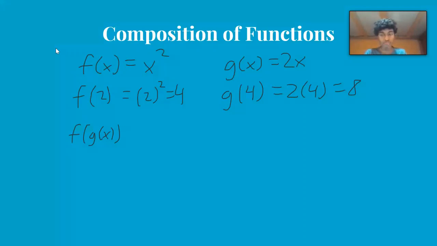So now that we're inputting g of x, we're going to replace all instances of x with g of x. So this is equal to, instead of x, g of x squared. And we know what g of x is, right? G of x is given to us as 2x. So this is equal to 2x quantity squared, which is equal to 4x squared.